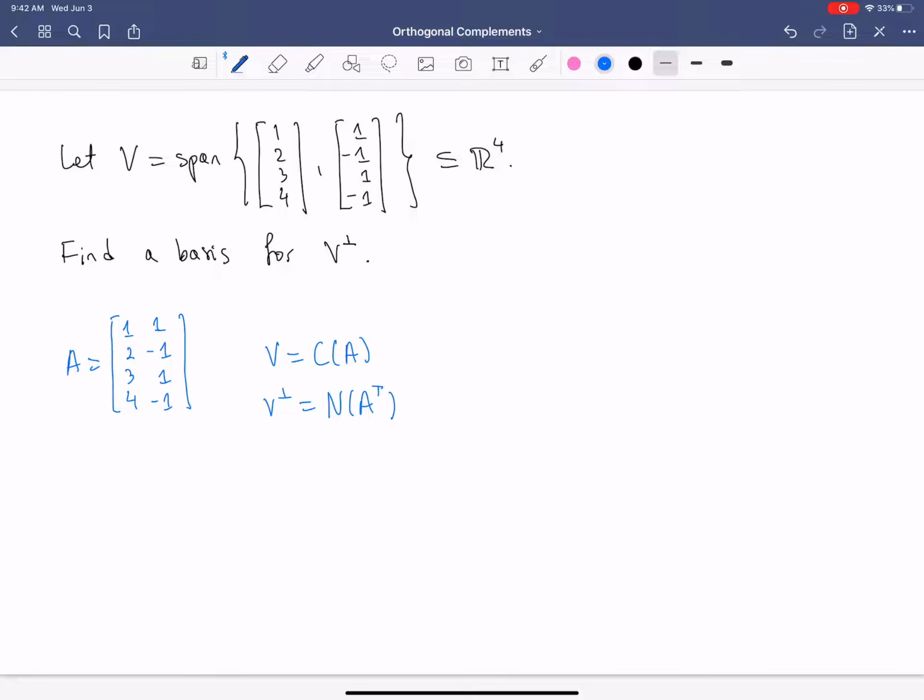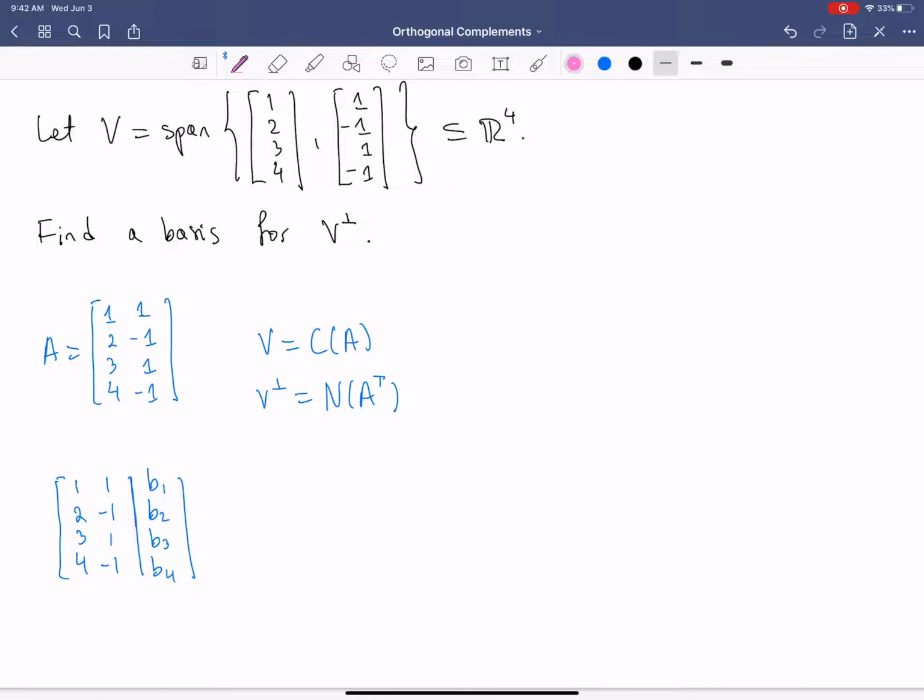And the way to find the left null space, this is a bit of review, but it doesn't hurt to review these processes. So we start with the matrix A. Our goal is to eliminate, to get rows of 0. And to define the left null space, we are going to apply those operations on some vector b1, b2, b3, b4.